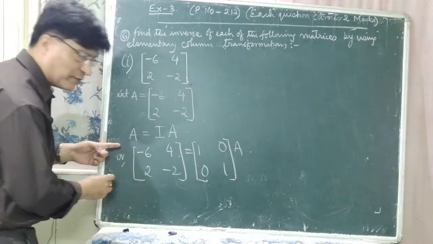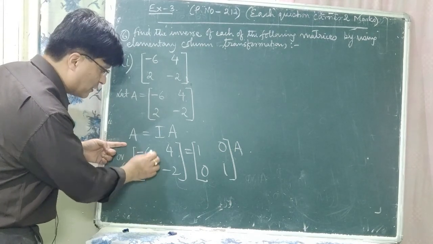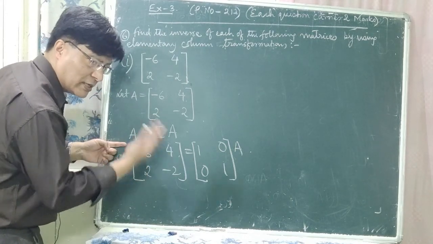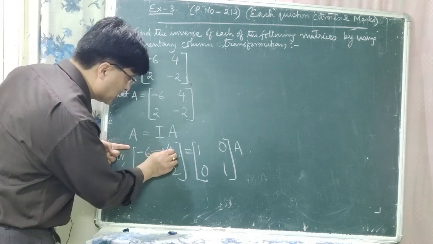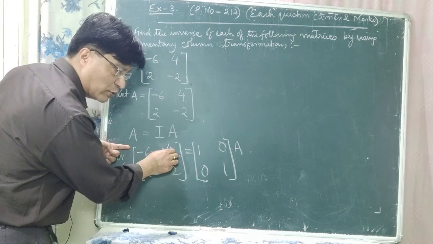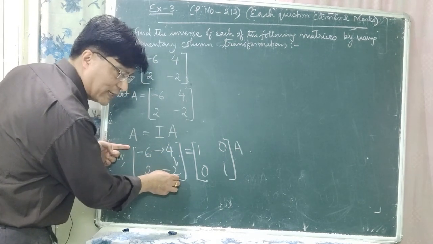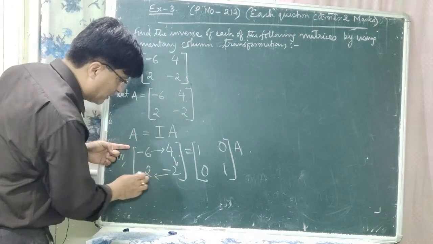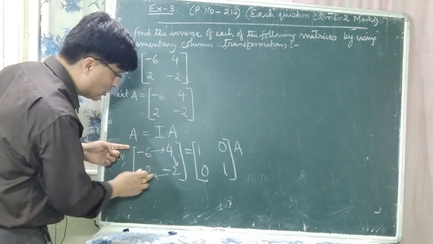First of all, in this case you have to make this element 1. First of all, you have to make this -6 into 1. Then we should make this element 0, then this element 1, and then this element 0. So 1 0 0 1.